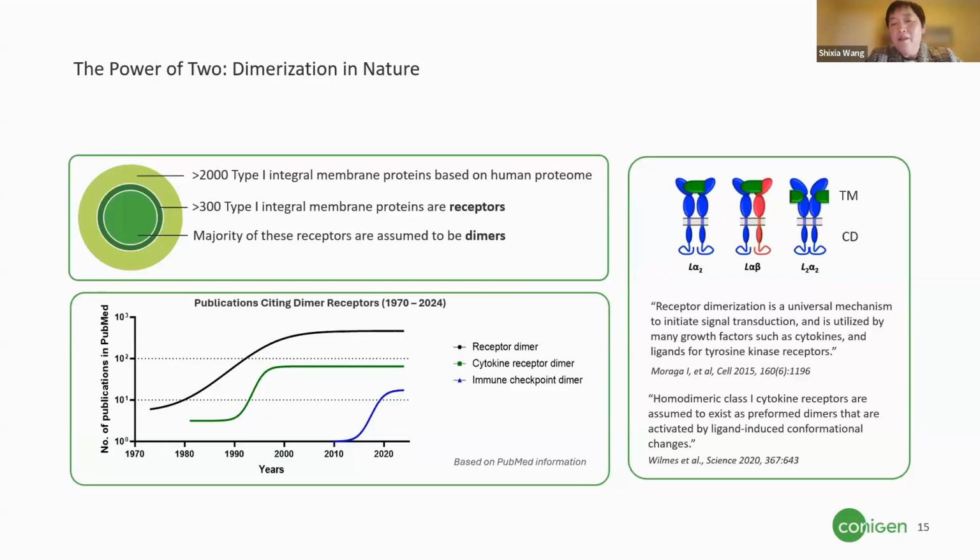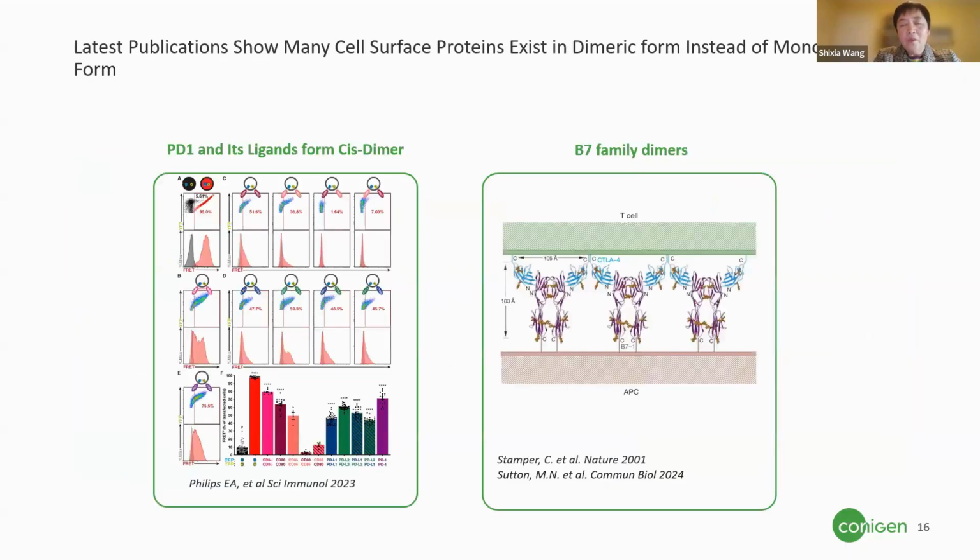Many studies have shown that receptor dimerization is a universal mechanism for cell signaling and cell functions. Both preformed dimers and ligand-induced dimer conformations are important to trigger cell signaling and all the signal processes.